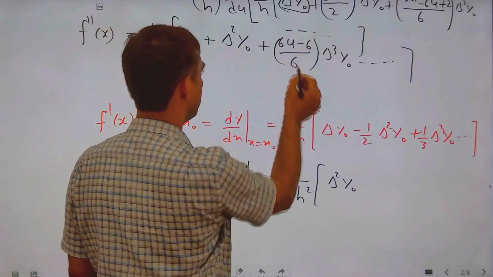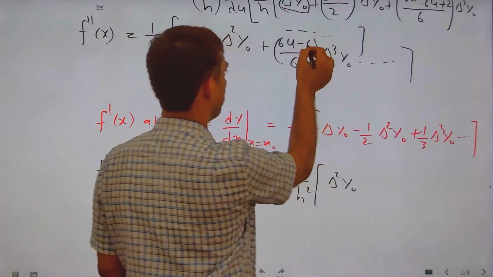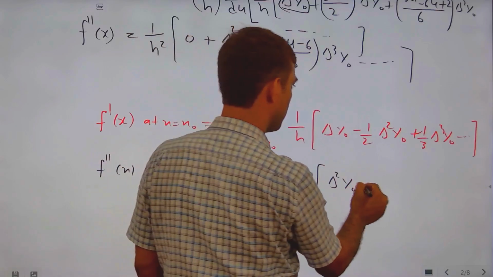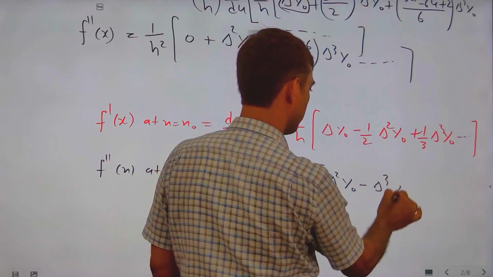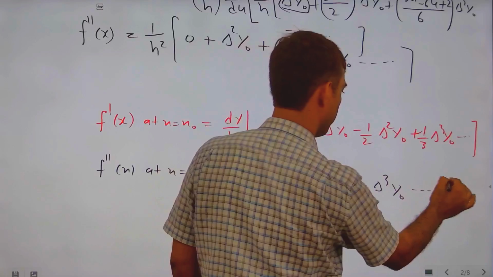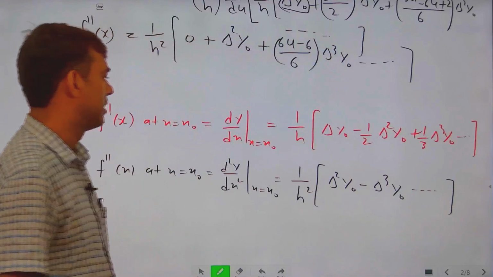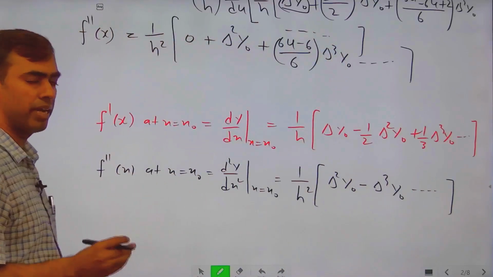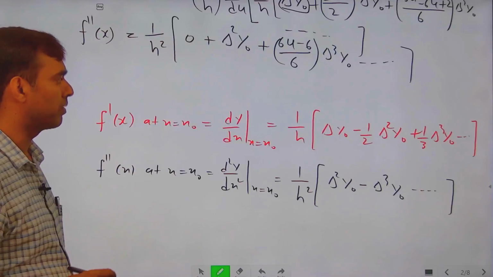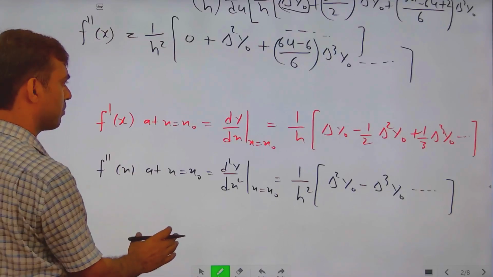If we put u equal to 0, then this becomes minus del 3 y0 and so on. This one is the second order derivative at the initial point if we derive the formula with the help of the forward interpolation formula.